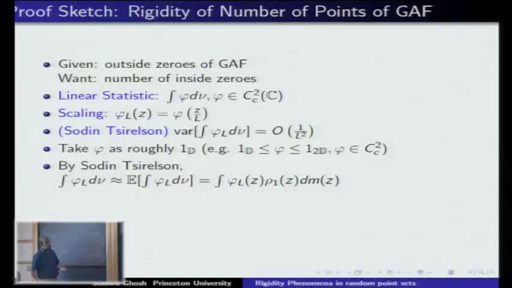And the expectation, we can just compute because we know the first intensity of the point process. This approximation becomes exact as L goes to infinity. The error vanishes, and at each stage we can compute this G sub L successively, and in the limit we can take the difference and obtain the number of points.